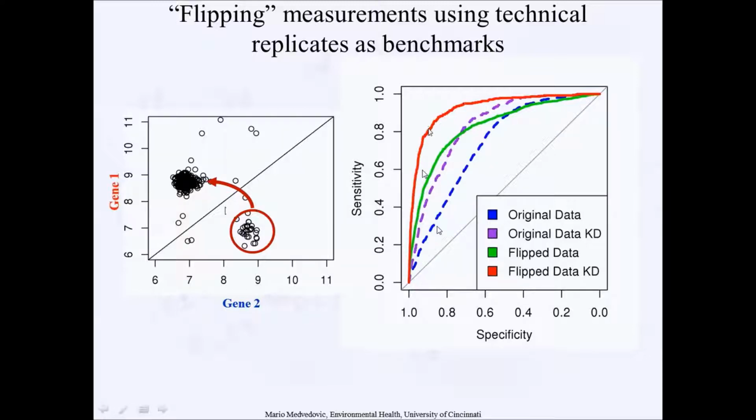So this is the point of this ROC curve, right? If we just do the original data, we get a certain level of behavior. There is a little bit more information here, but the point is that this flipped data is always better than having the original data where this is not taken care of.